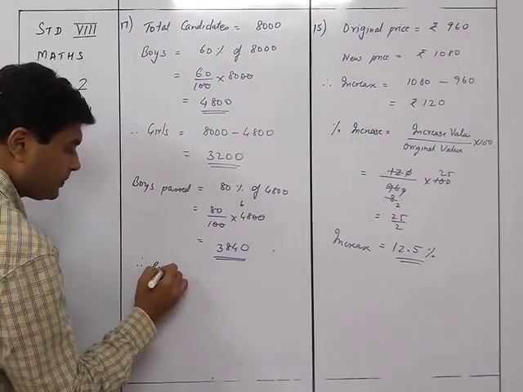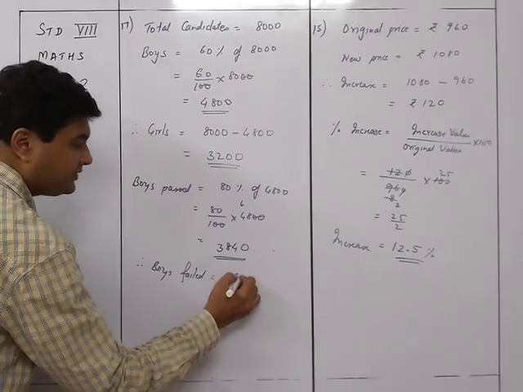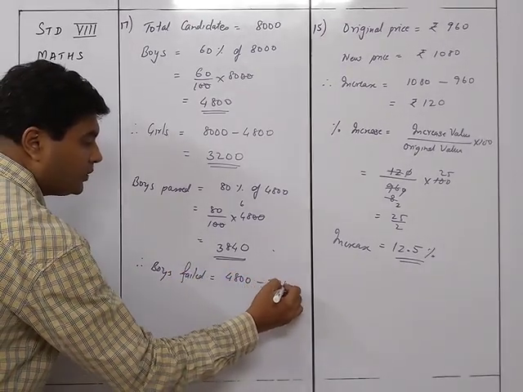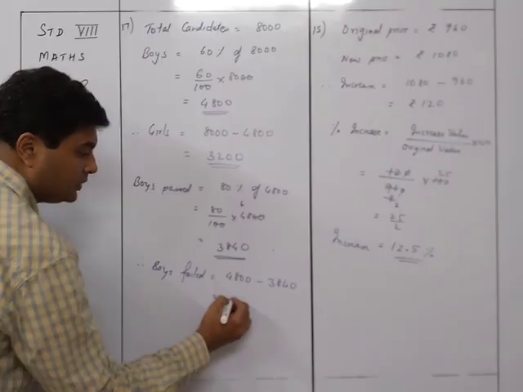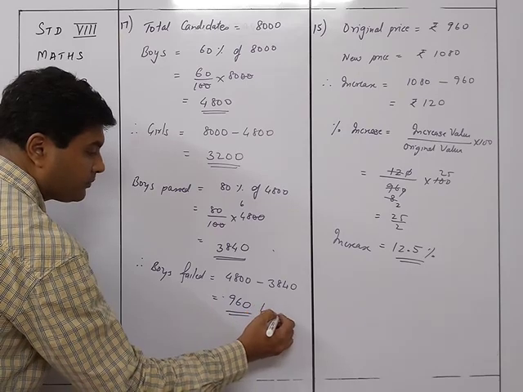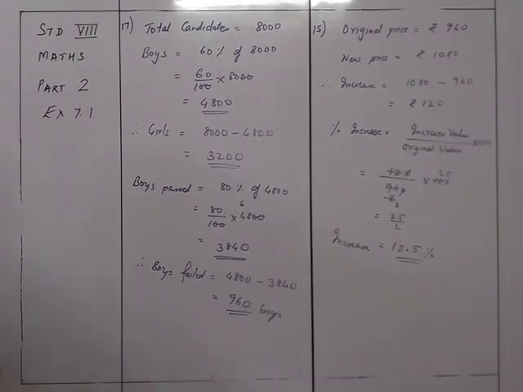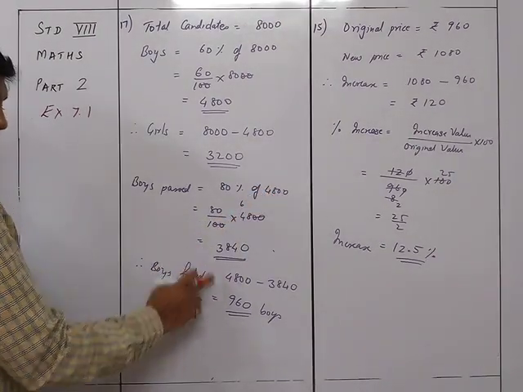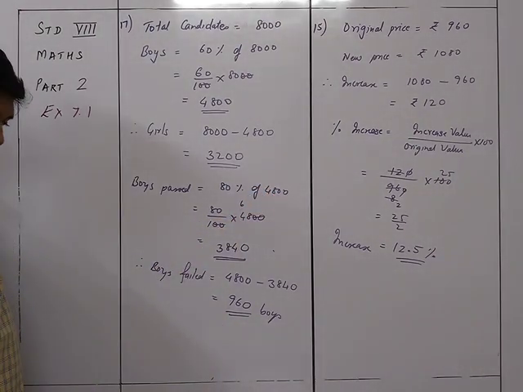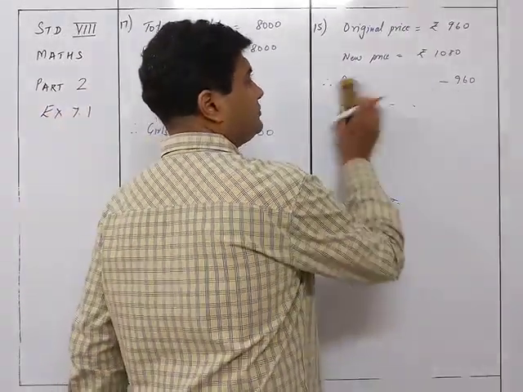Therefore, boys failed is equal to 4,800 minus 3,840. That will be 960 boys. Out of 4,800, this many passed, so this many failed. We now see the number of girls.